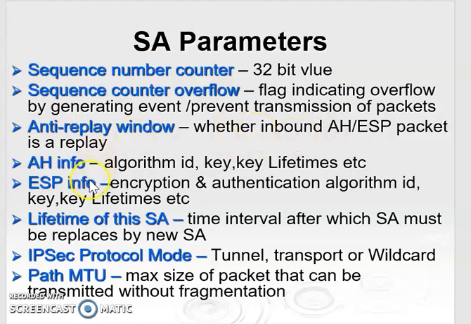Then we have the authentication header information, which tells about the algorithm ID, the keys, the key lifetimes, etc. All these parameters are indicated with respect to the authentication header.